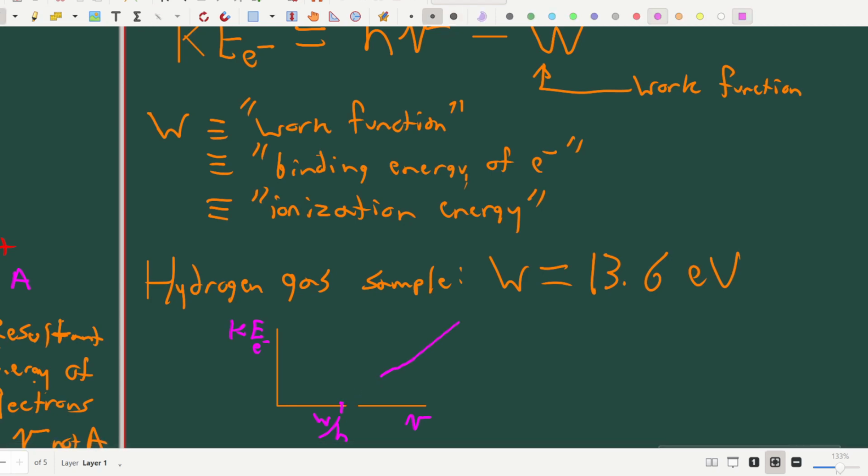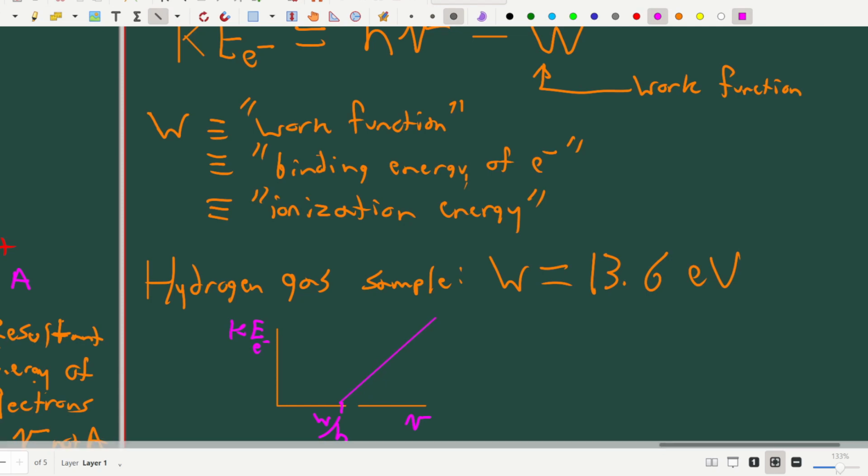Let me draw that straight. Sorry, guys. Like that. Right? The electron does not leave. There's no electron until you hit that critical amount of energy.